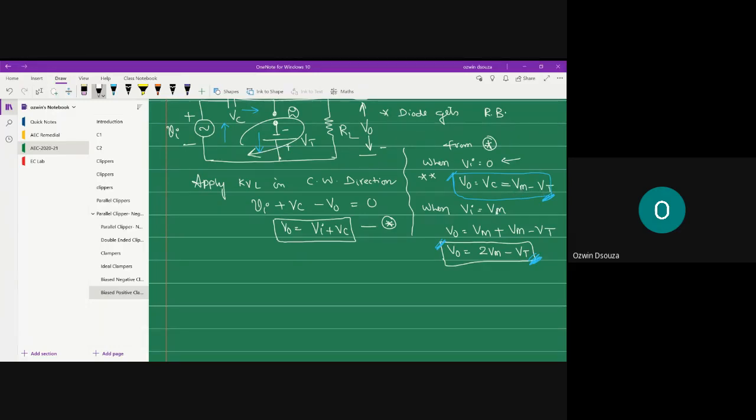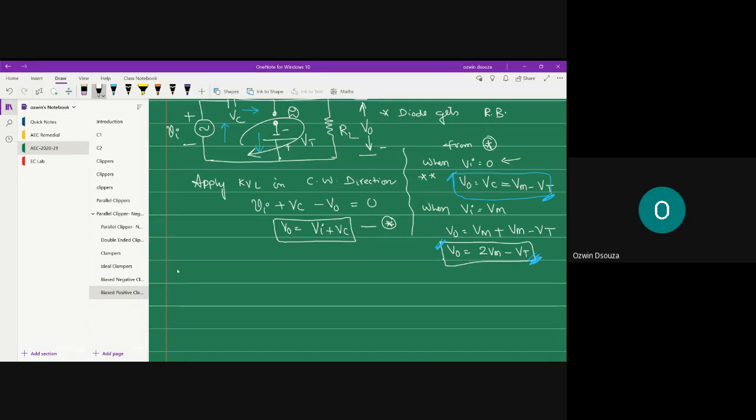Similarly, when your input is at its maximum value Vm, the output positive peak is pushed to a different level, which is 2Vm. So basically, in case of a positive clamper, the wave is getting shifted in the upward direction, and in that sense we call it a positive clamper.